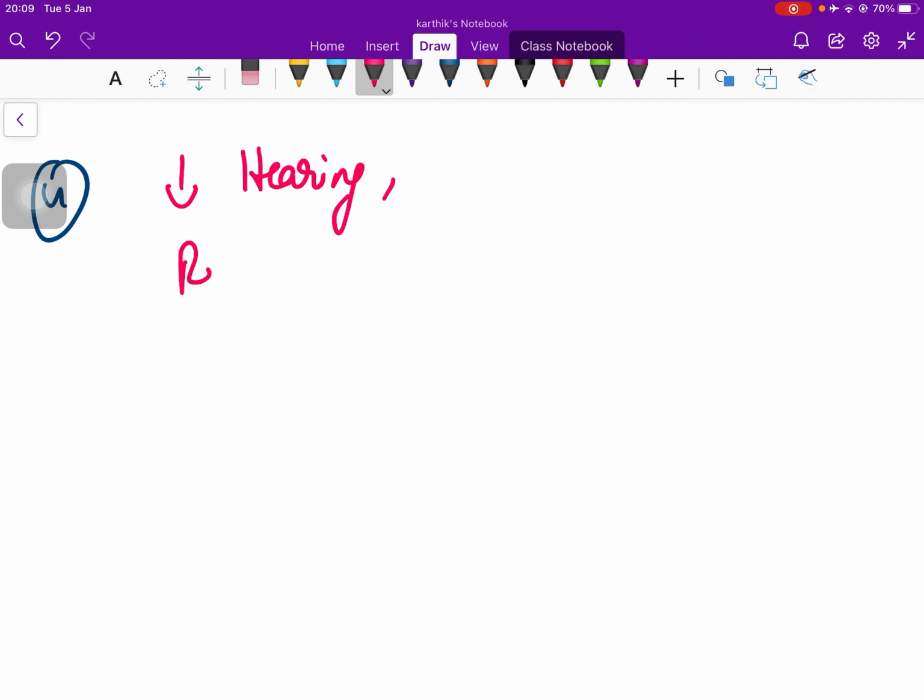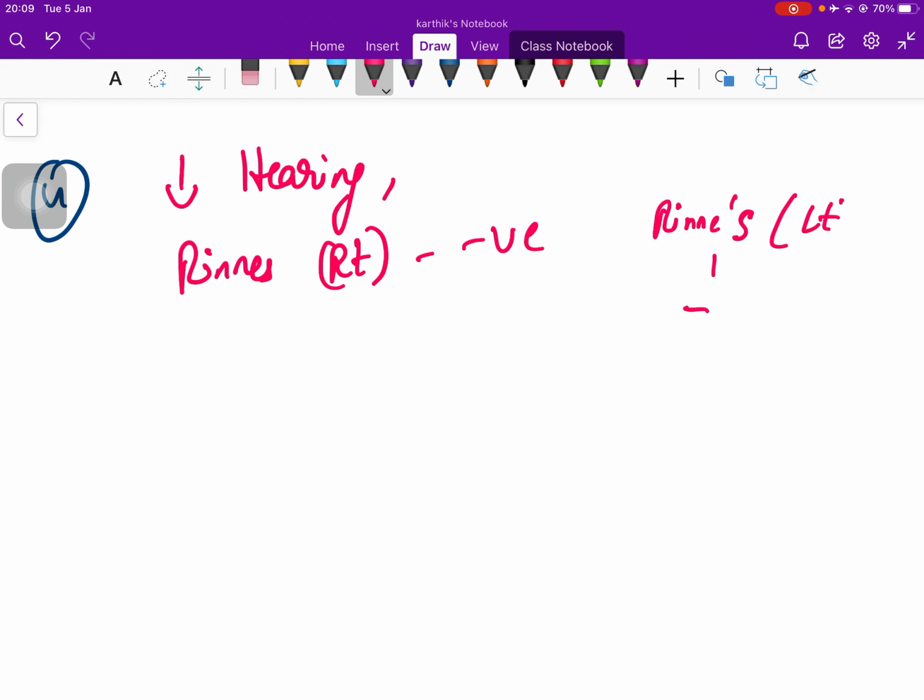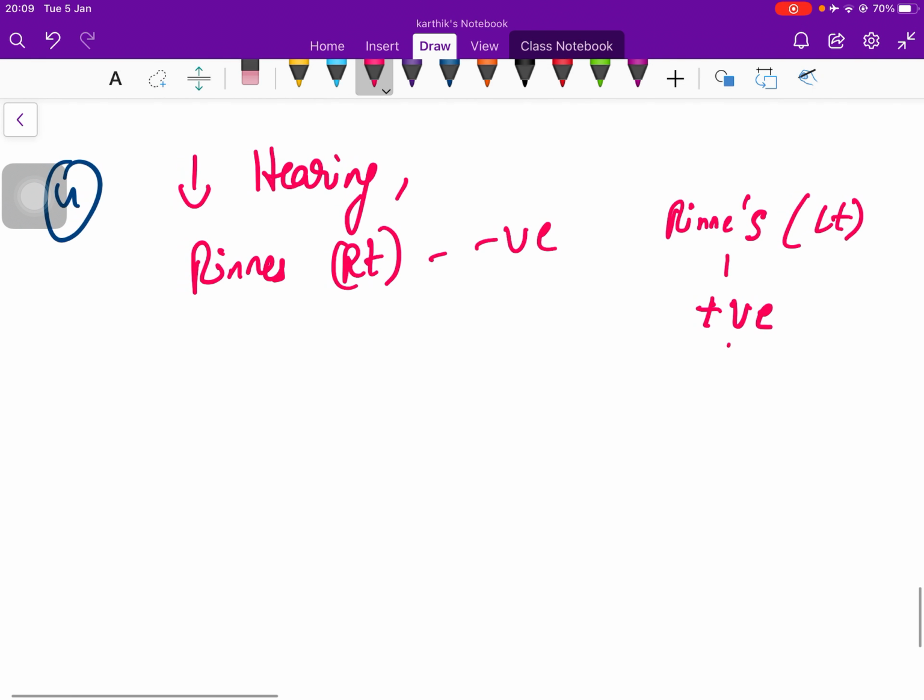The test results were: Rinne's on right side is negative, and Rinne's on left side given was positive.